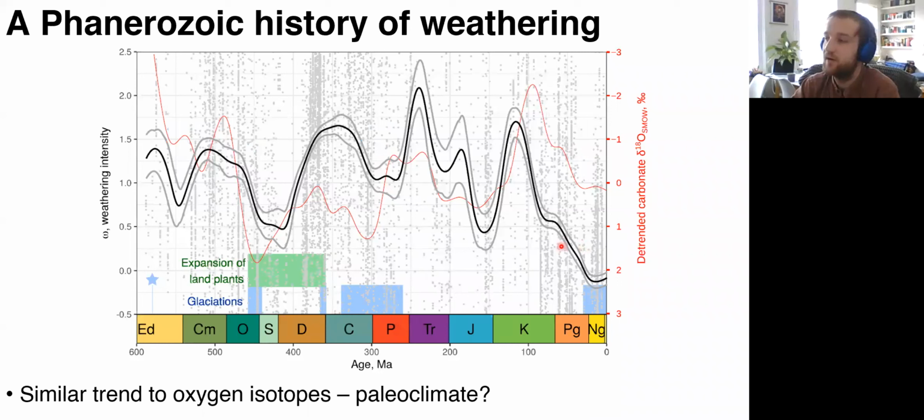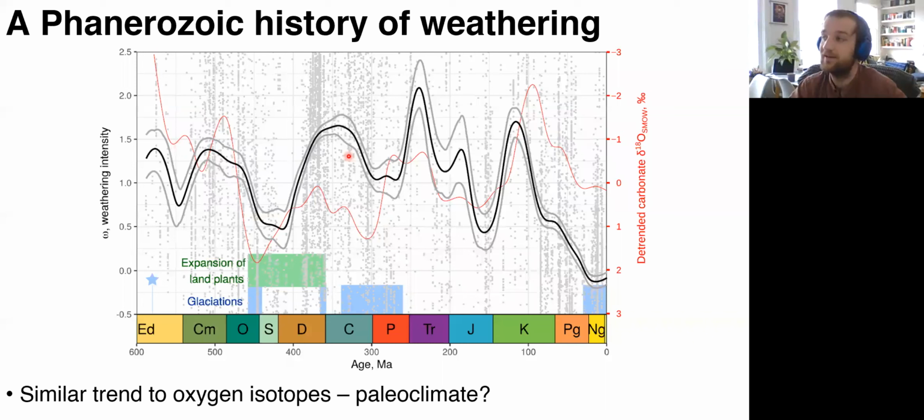And we could make a second observation here. I fully admit the oxygen isotope composition of carbonates is a controversial record, which is why we've also compared it to glaciations, which is a bit more reliable. However, it's worth noting that the oxygen isotope composition of carbonates, which is broadly considered to be a proxy for climate, shows a similar trend to our weathering intensity one.